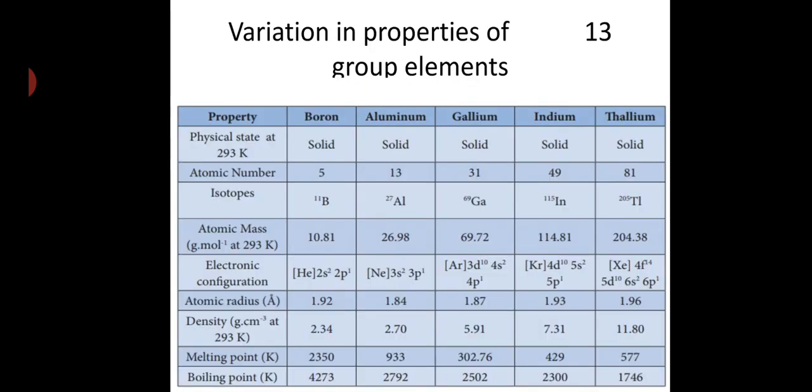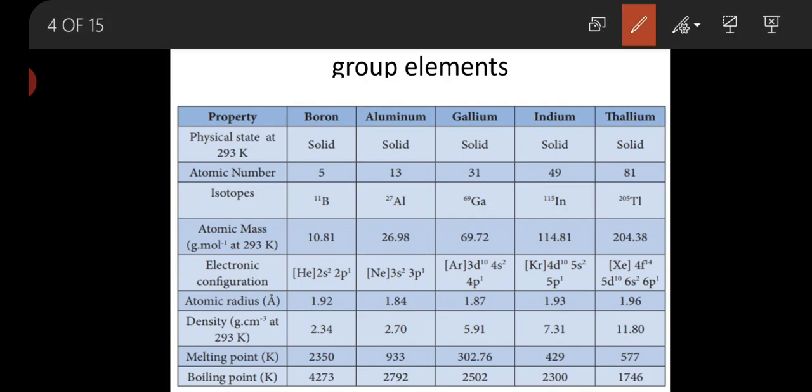Now the next topic is variation in group 13 elements. Different variations of properties are there. The first property is physical state.